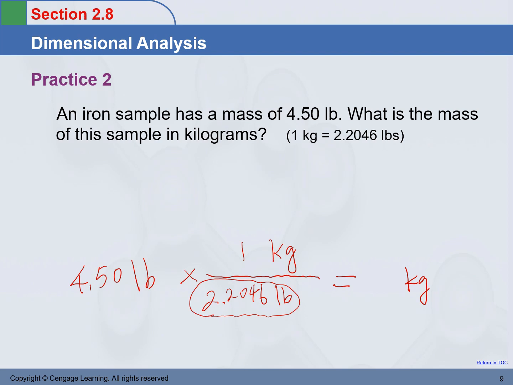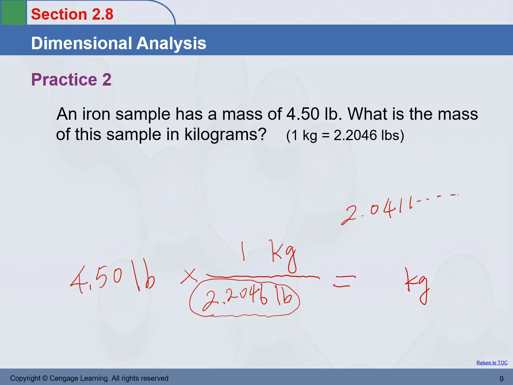The number on your calculator will be something like this. You're going to see more digits. I think the number should be somewhere like 2.0411 and some other things.